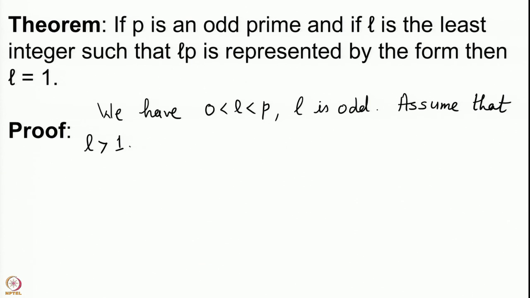Now I must recall for you one concept which we have introduced some lectures back. This is the concept of a numerically least residue. So, whenever we are given any integer n and we are going modulo another integer say L, then we will look at the residue of n modulo L, and typically this residue is chosen from the elements 0, 1, 2, 3 up to L minus 1.